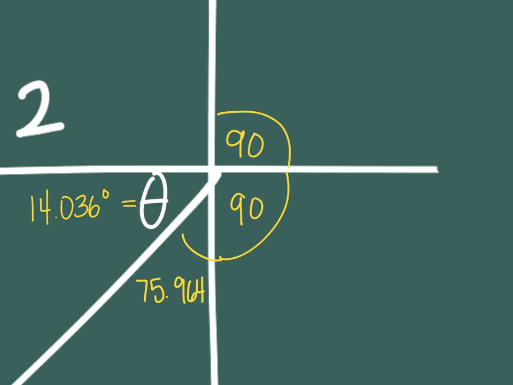So bearing, the actual answer, is going to take the 90 and add it to another 90 and add it to the 75.964. That will be the answer to the question. So we didn't just stop with theta.